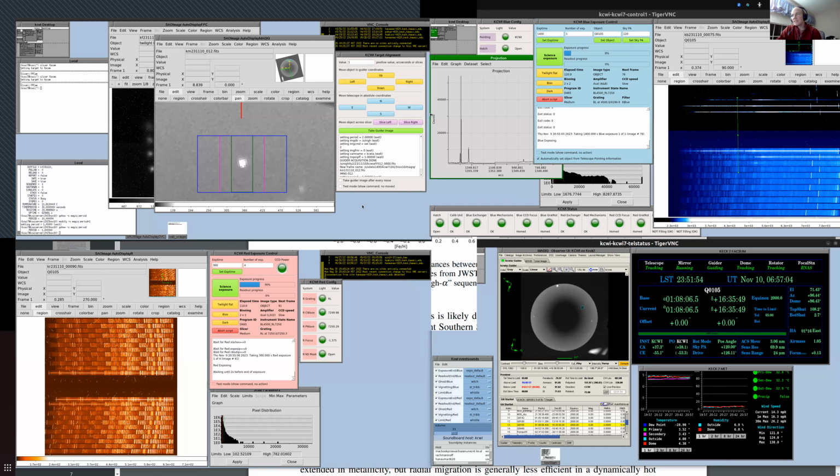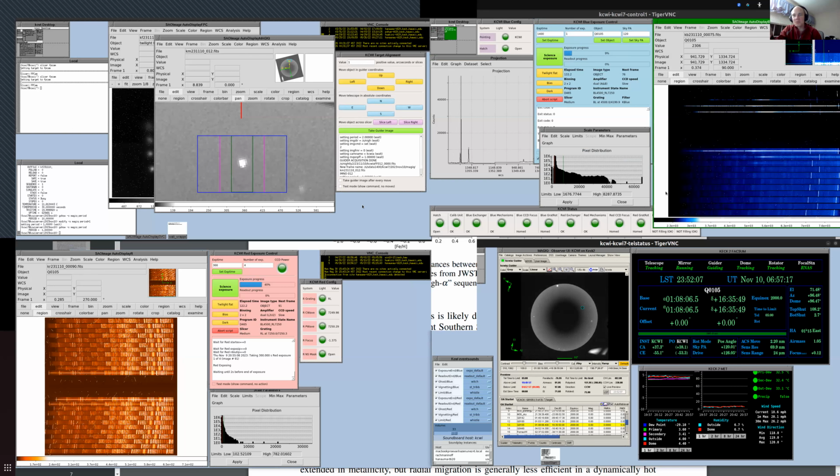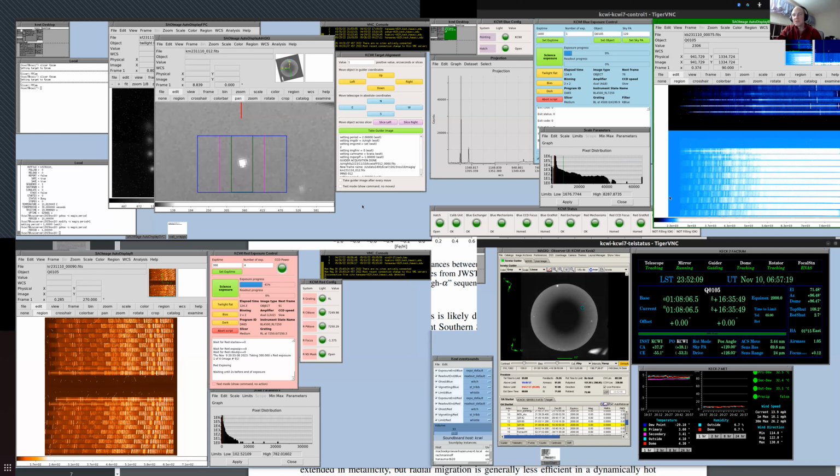What that means is that I am just opening up the desktop on a computer in Hawaii. And so when I move my mouse, the cursor on that computer moves. And I'm just using all the programs on that computer. But the thing that's running on my computer is just basically a dummy terminal to that computer in Hawaii. So there's nothing fancy installed in my computer. There's no fancy software. All the fancy software, all these controls are being run from a computer in Hawaii.